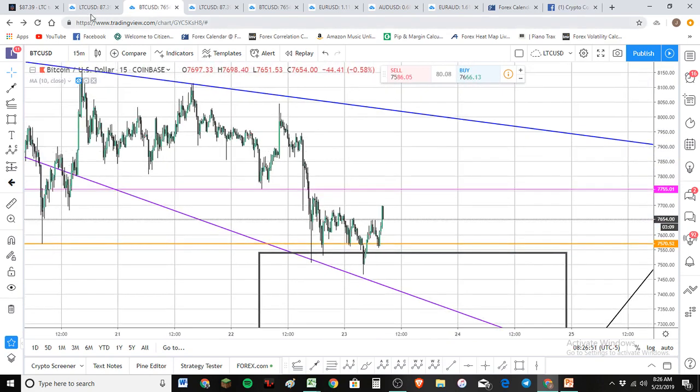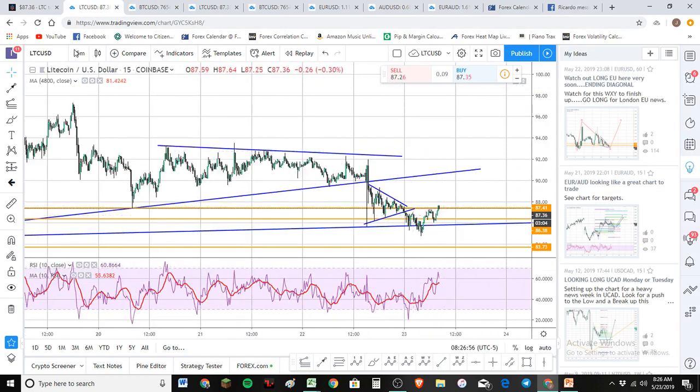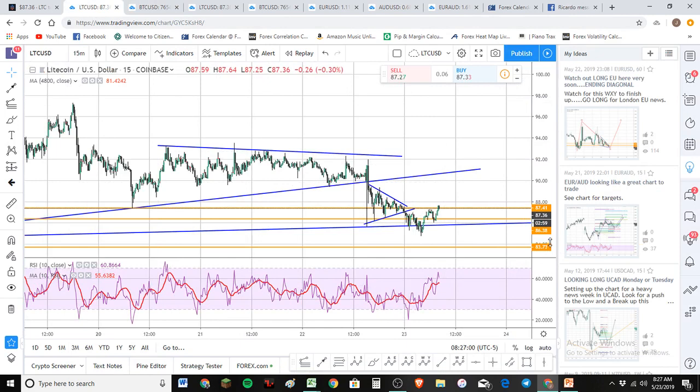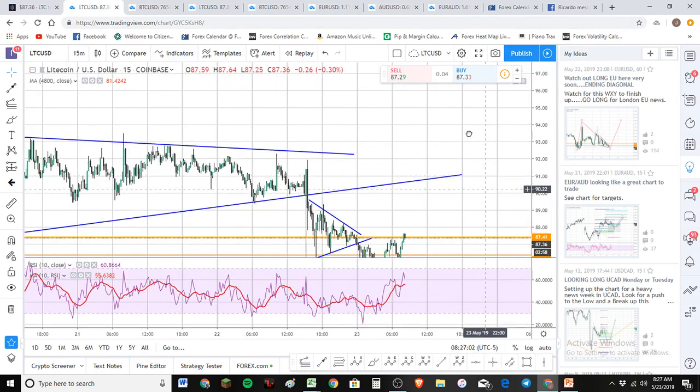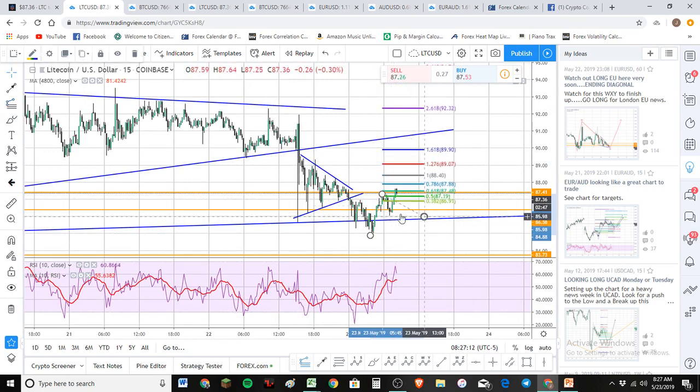Same thing with Litecoin, guys. Same thing. We got a 1-2 wave being made right here on the 15 minute chart. There's 1-2, or not 1-2 but AB. So we put the extensions on it. 1, 2. Do we get a wave that comes up here to the 1618, 3, 4, 5?